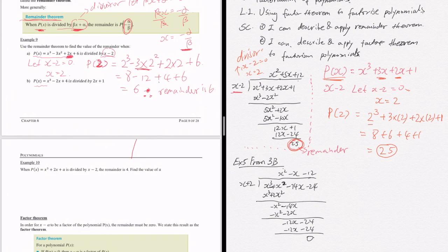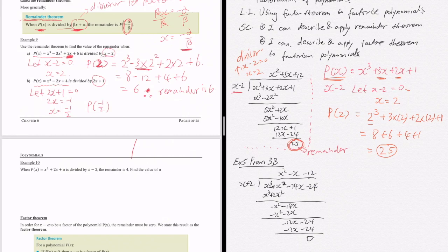All right, so let's do another example. My p of x, the dividend, is equal to x cubed minus 2x plus 4, divided by 2x plus 1. So that's my divisor. We're going to do the same thing. Let the divisor 2x plus 1 equal to 0, then solve for x. Then 2x is equal to negative 1, so x is equal to negative 1 over 2, negative half. Now I'm going to substitute negative half back into my polynomial function.